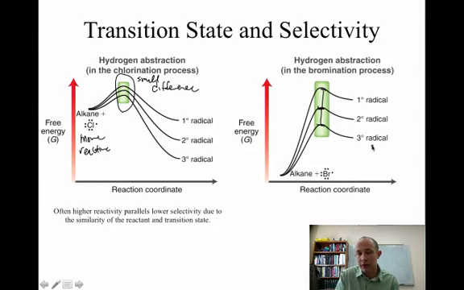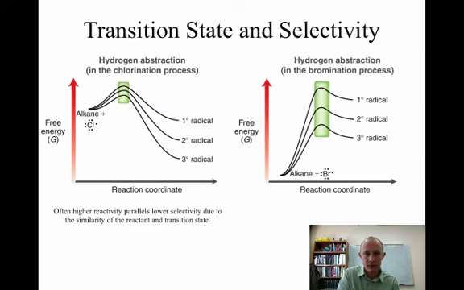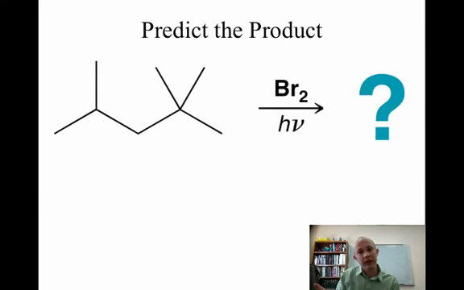So the tertiary radical is going to form much faster than the secondary radical, and that's why we'll get much better selectivity. The faster that you form one product, the more selective that particular reaction is going to be.